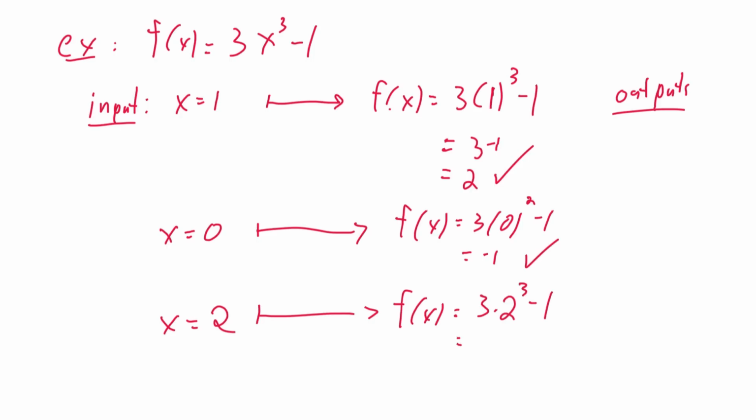We have to remember that 2 cubed is 8. So 3 times 8 minus 1, 24 minus 1, so 23. So in this sense, I think it's very easy to interpret a function as an input-output rule. There's an explicit algebraic relationship on how the output depends on the input x.